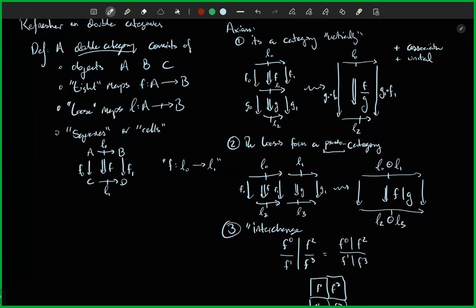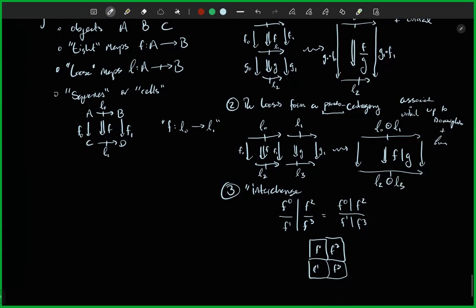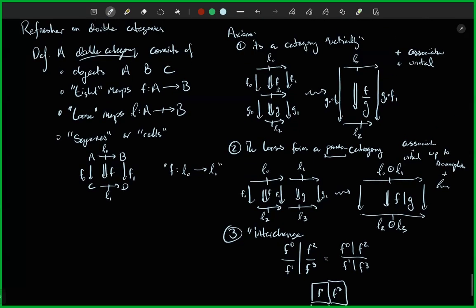But here it's only associative plus unital up to isomorphism, plus laws for those isomorphisms. I really don't want to spend too much time dealing with the particularities of coherence, although I will spend a lot of time on the techniques used to avoid dealing with that coherence. So maybe it's good to see what it looks like once.